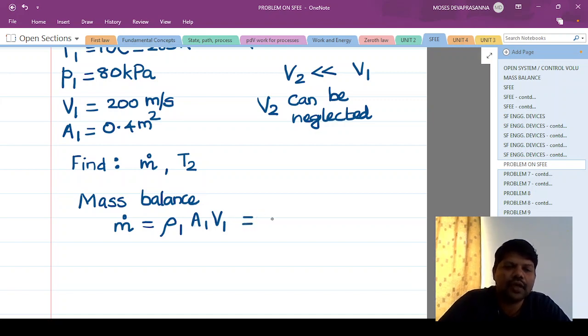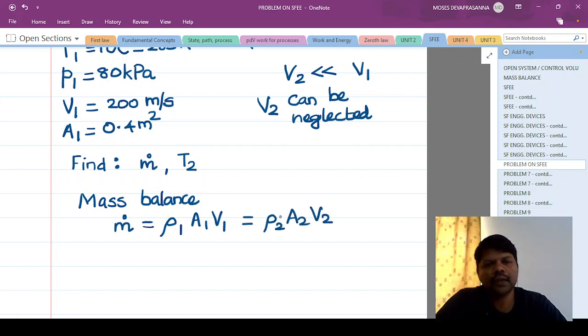This is also equal to rho 2 A2 V2, right? Since this diffuser is a steady flow device, the mass flow entering the device is equal to mass flow leaving the device. So I can find out the value of m dot using rho 1 A1 V1, or m dot can be determined using rho 2 A2 V2.